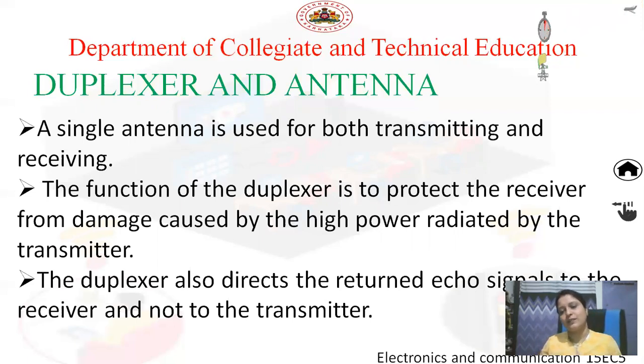One more job: during the receiving time, the duplexer receives the echo signal. The echo signals from the target come towards the radar station, and the antenna forwards them towards the receiver section instead of the transmitter. That is also one of the jobs of the duplexer circuit.